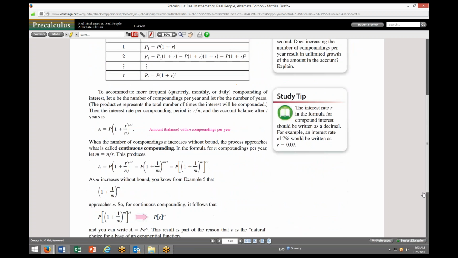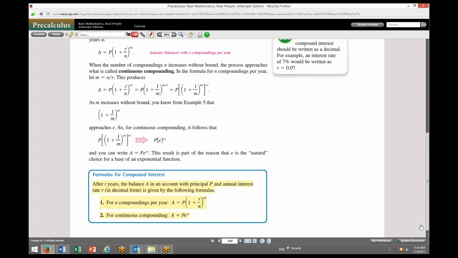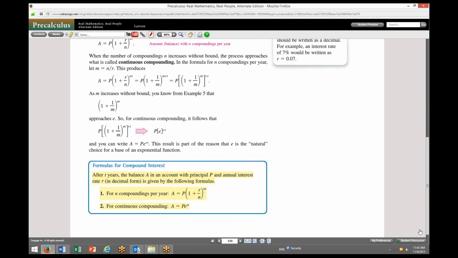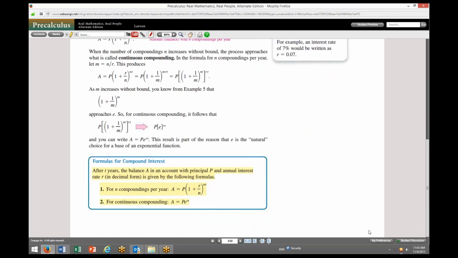So I am not going to go through the derivation of the compound interest formula, but I want you to know how to use these two formulas. I'm going to actually give you two formulas now for compound interest. One for the general situations, like a bank, for instance, would credit your interest to your account, or as we say, compound it, once a year or perhaps once a month.